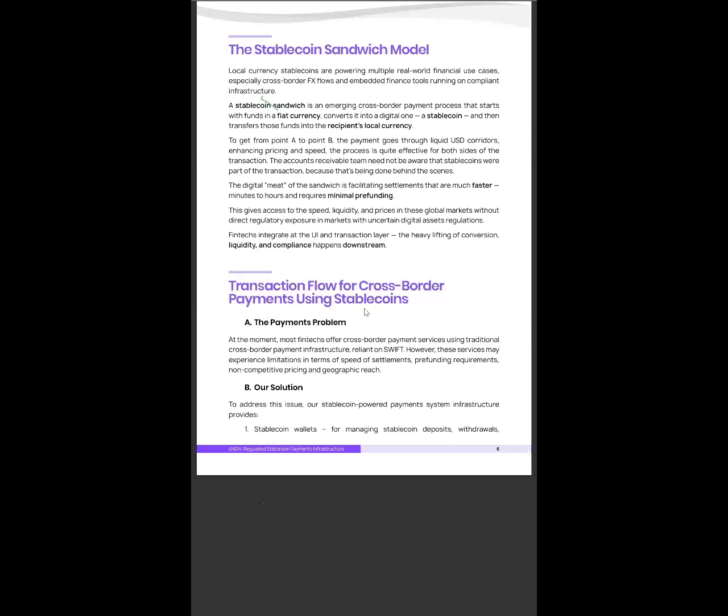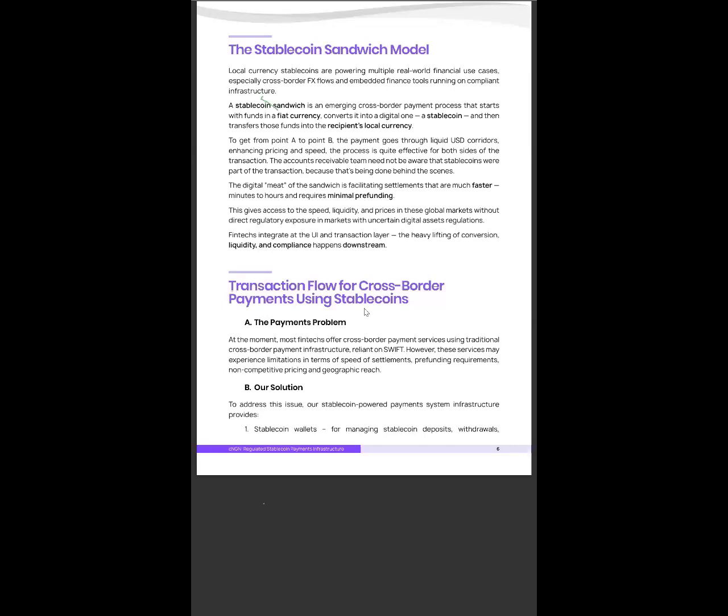So what this means is there are many fintechs leveraging this model to help their users process payments faster and cheaper than anything else that exists up until this point. And there are some very, very interesting opportunities there.